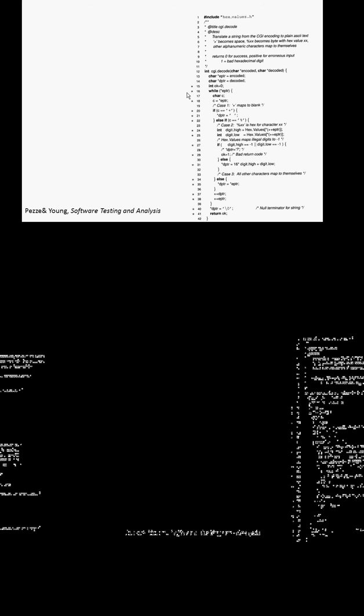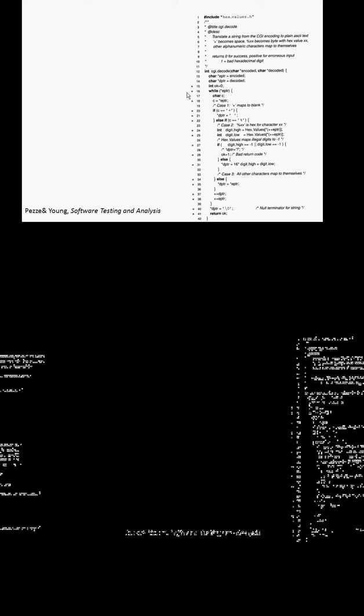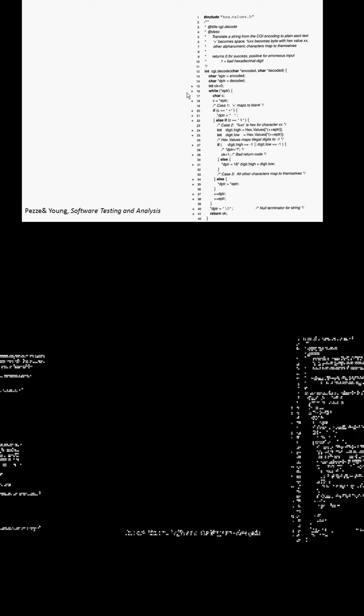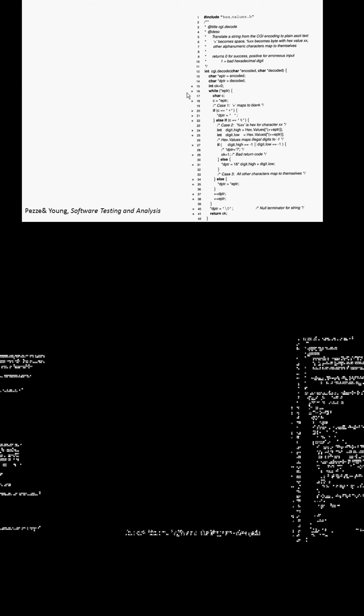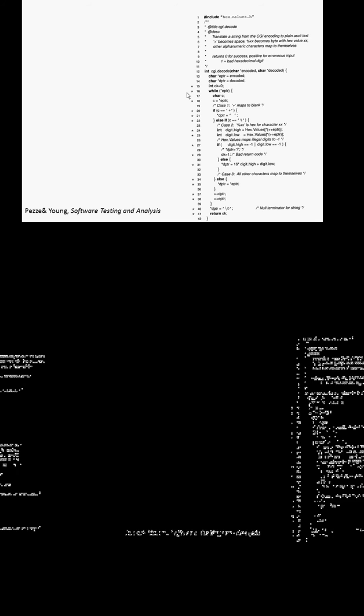If so, we'll handle it. We'll append a space to the buffer into which we're putting the decoded string. If it's a percent sign, then we've got to figure out the hexadecimal digits, and turn it into a character according to ASCII encoding, which is what's done in this block here.